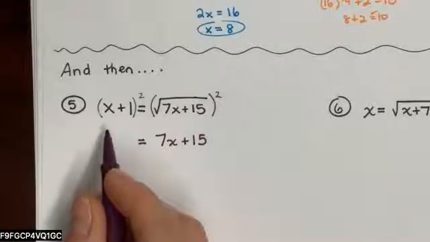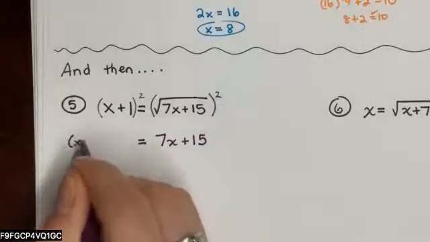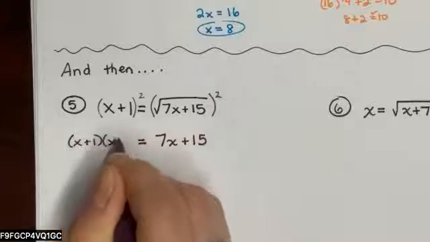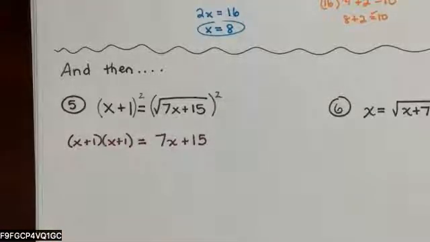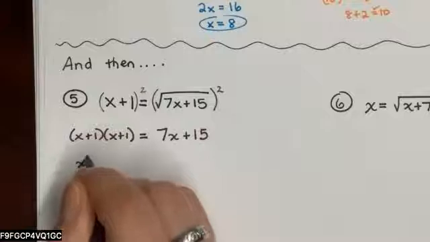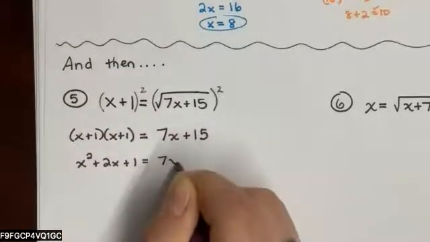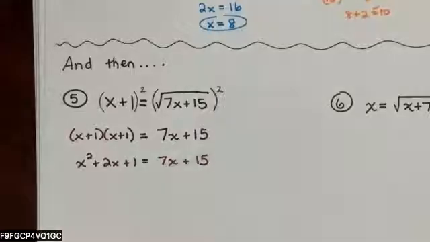I need to multiply that out. That is x plus 1 times x plus 1. I am going to need to multiply it out however I like to do it best, be it FOIL, in my head, or with a box. So I'm going to go ahead and do that math however I see fit.